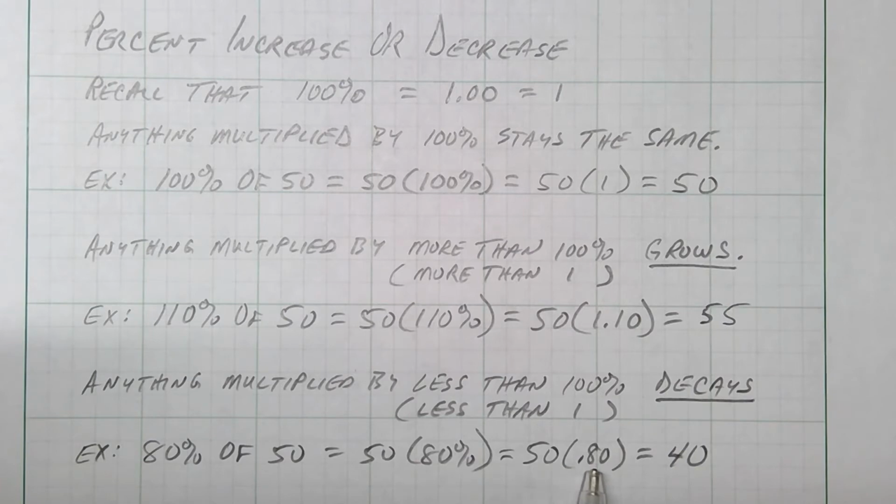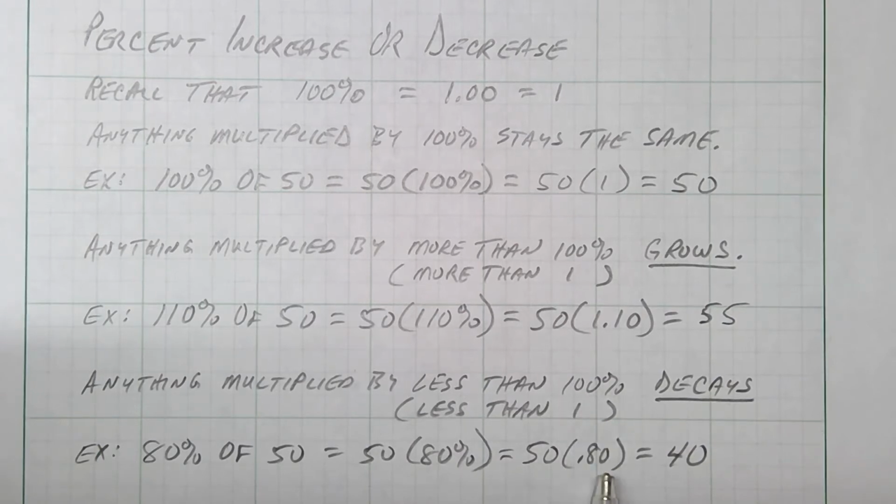So that's 50 times 0.8, that's 40. So we started with 50, and it decayed to 40 because we took the initial amount, 50, and multiplied it by a number less than 100% or less than 1. 80% is less than 100%. 0.80 is less than 1. That makes my initial value get smaller.